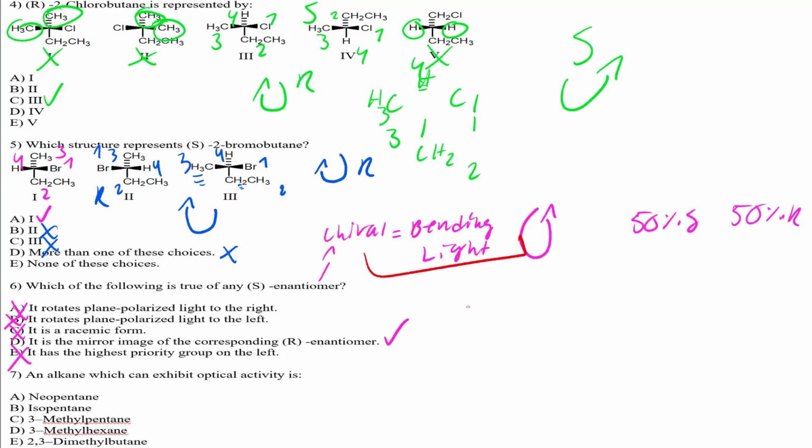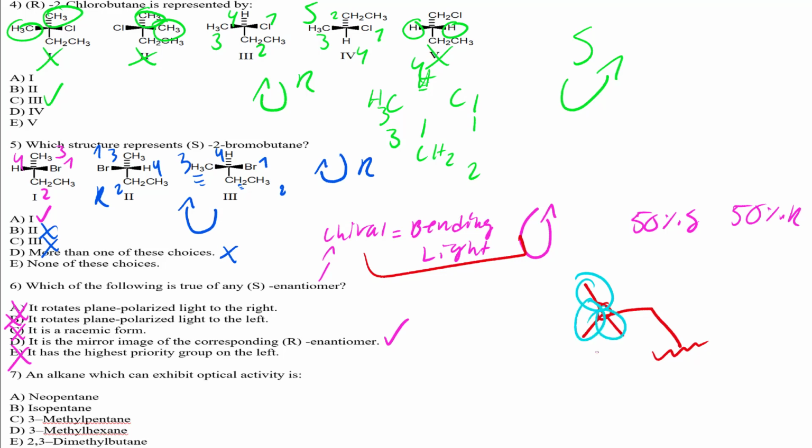Well, what about A? Neopentane just means that you have 5 carbons. So we have a carbon right here. That's 1, 2, 3, 4, 5. So it's like an arm. Sorry. Well, if we look at this center carbon, this carbon has 3 methyl groups.